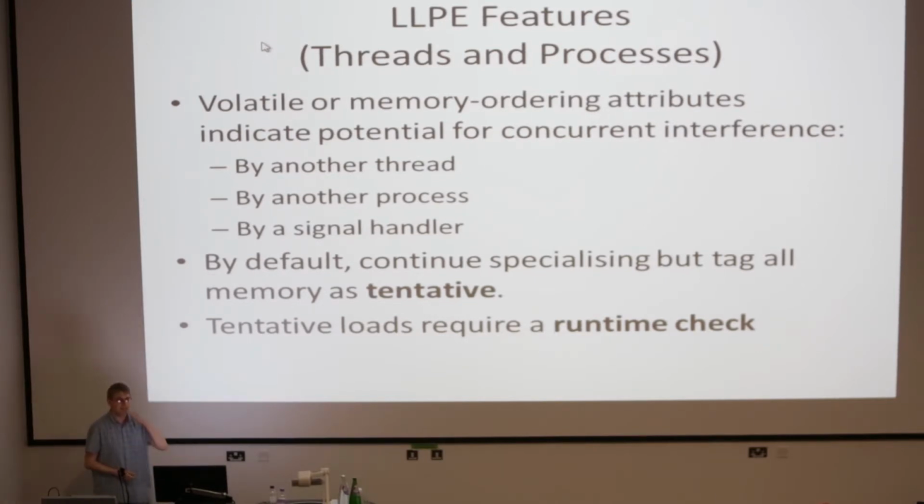Now, as you might expect, that means that if we have a process where concurrency tagged instructions are frequent, then the results will be very bad, because practically every access will have to be checked. We'll spend all of our time checking and practically none of our time actually saving time because we've got rid of work using specialization. The kind of case where this is useful is where you typically have a synchronization point and then a big block of work which is done thread locally, and therefore which is suitable for us to specialize, but we do have to check that the synchronization point didn't do anything unexpected.